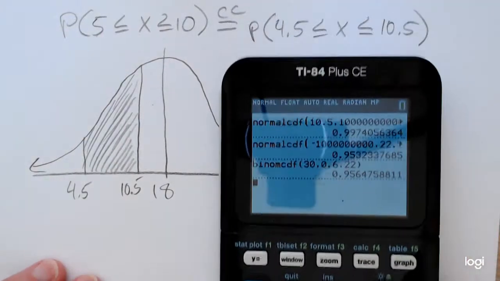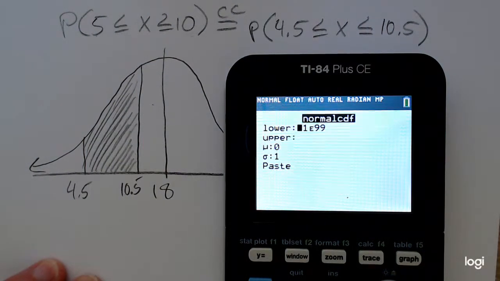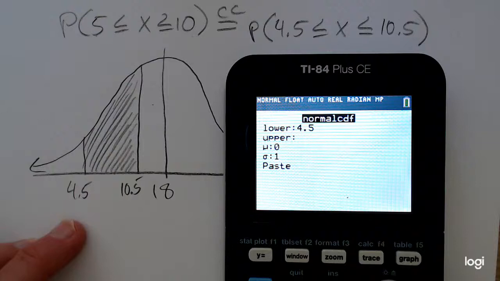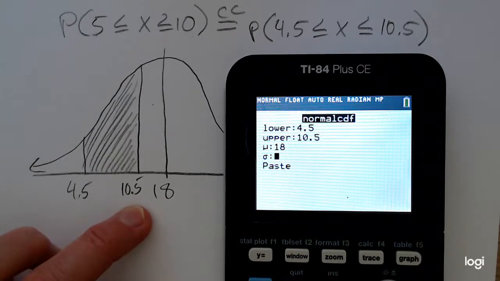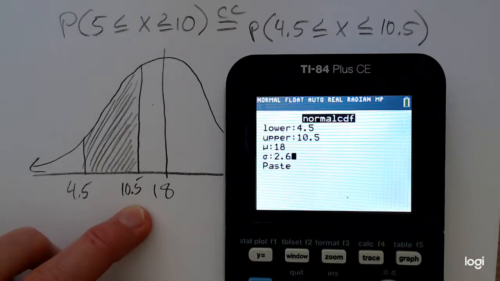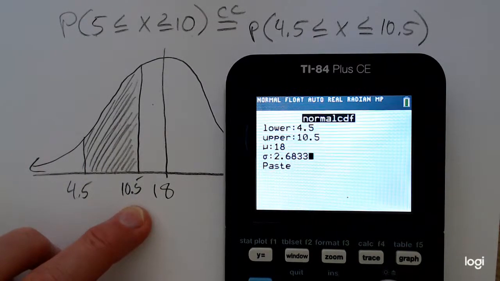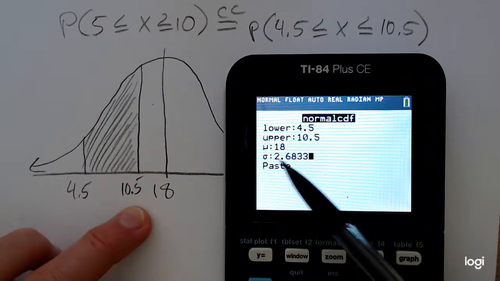Going back to the normal CDF, changing my lower bound to 4.5 and my upper bound to 10.5. And I have mu, which is 18, and sigma, I'll just go ahead and use the decimal approximation, 2.6833. Again, I could have actually put in the square root of n times p times 1 minus p here.